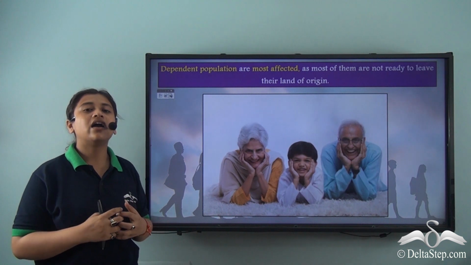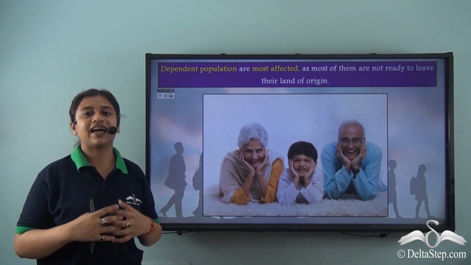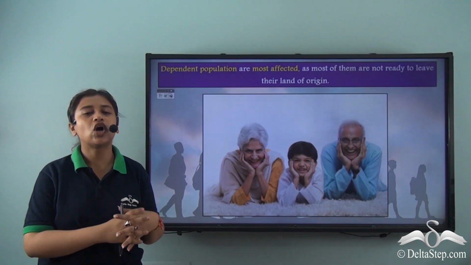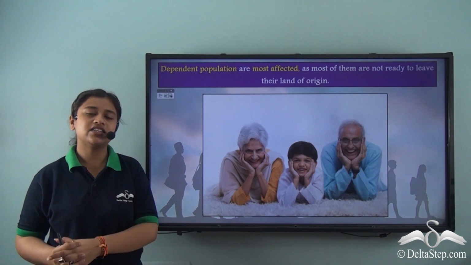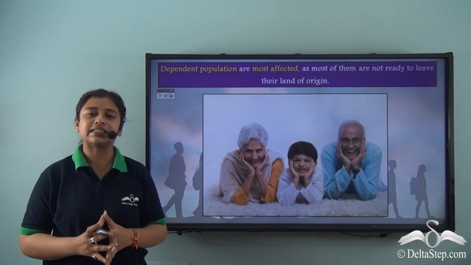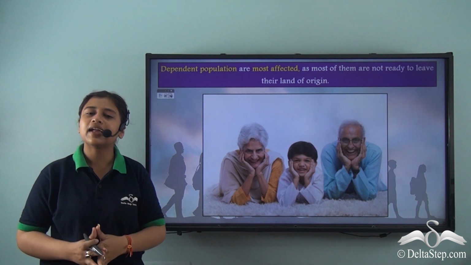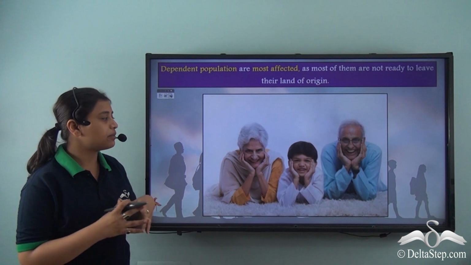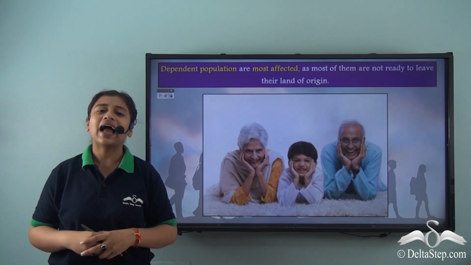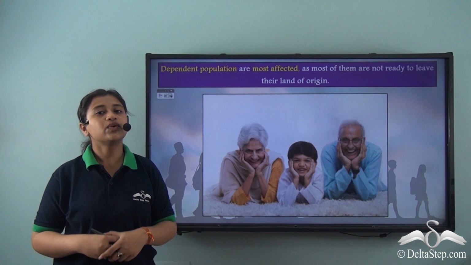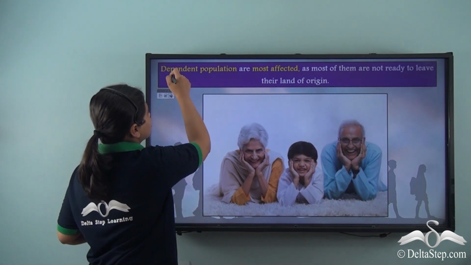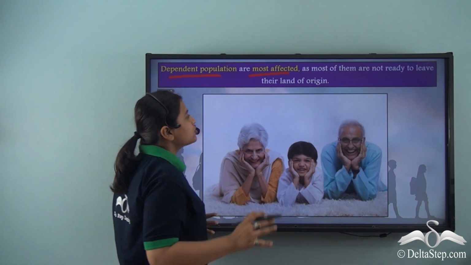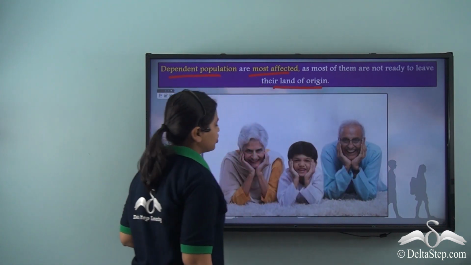Since they are a part of the dependent population, that is, they are aged and need some care and attention, Ravi's father could not leave them alone, and so he arranged for a caretaker. But unfortunately, everybody cannot afford a caretaker, and this leads to a very unfortunate situation for people who are aged or retired and need extra care and attention. So we can say that the dependent population is most affected, as most of them are not ready to leave their land of origin, right?